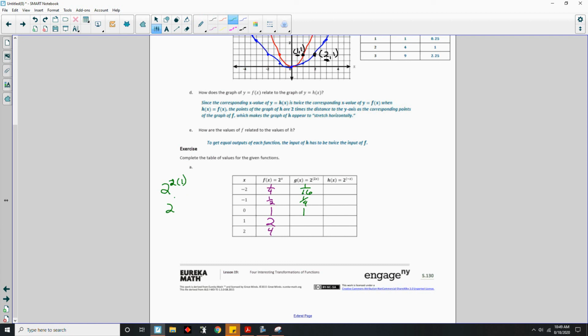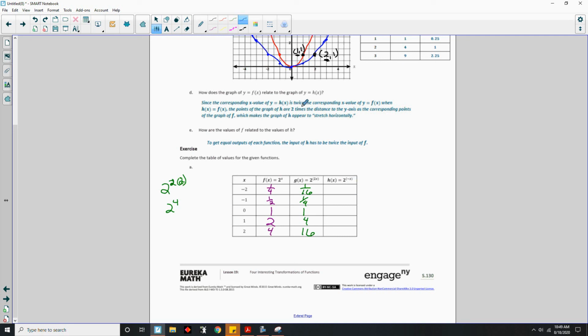So this is 2 to the 2 times 1, which is 2. 2 squared is 4. And then the last one, we're just going to change this to a 2. And that would be 2 times 2, or 4. And 2 to the 4th power is, as we said earlier, 1/16. I'm sorry, just 16. There's no fraction here because it wasn't negative. All right, so 2 to the 4th power is 16.